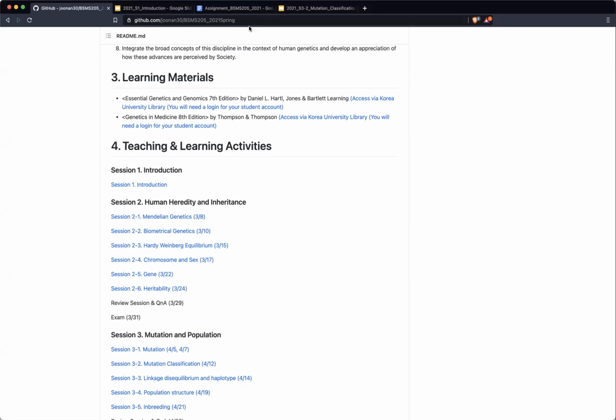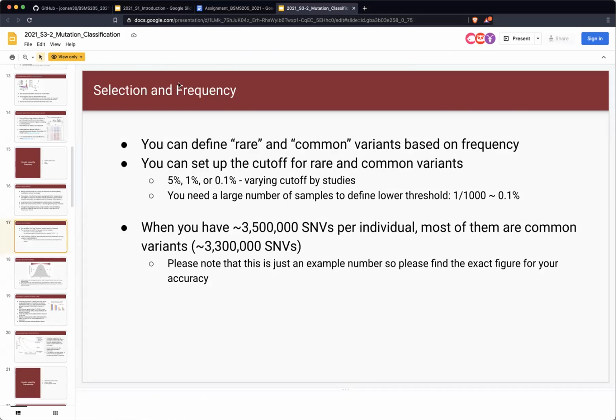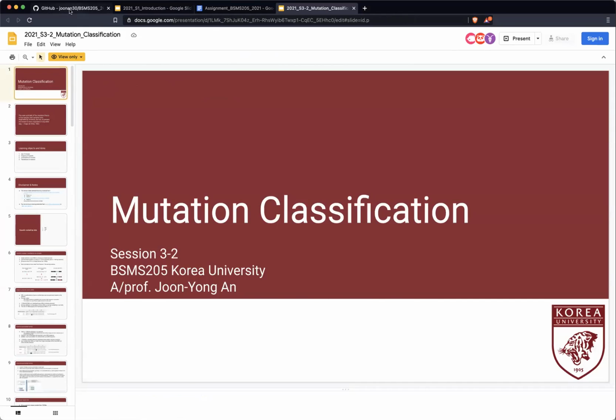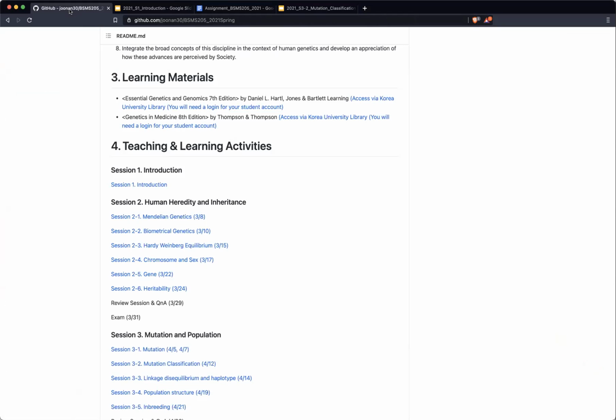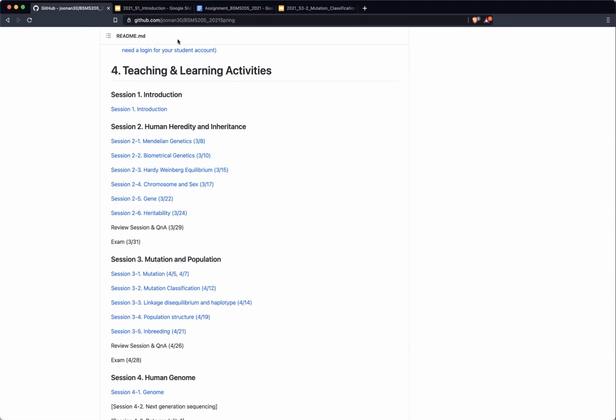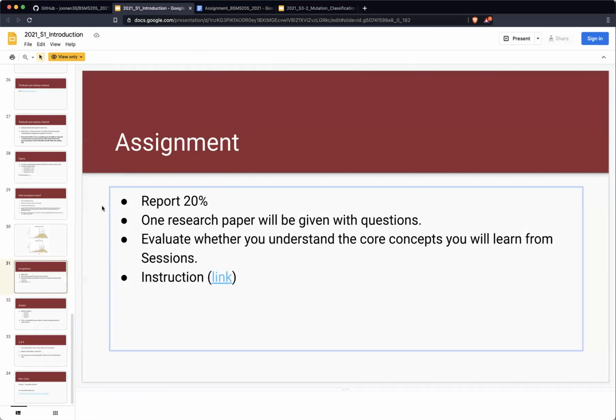So we are on session 3 and 2 on mutation classification, right? And I have a little announcement for your first assignment next Monday. As I introduced in the first session, we have 2 assignments this semester.